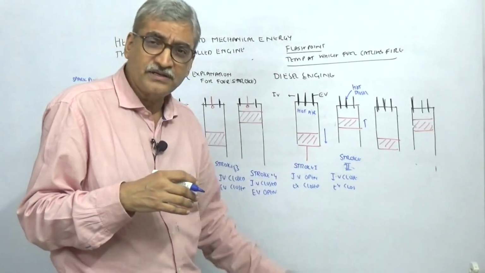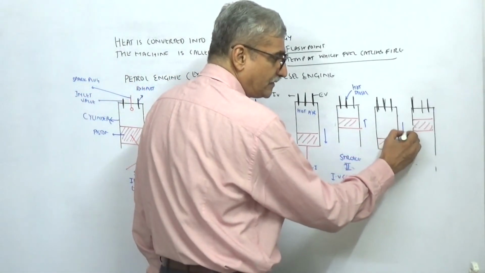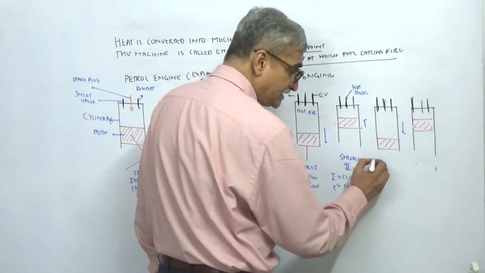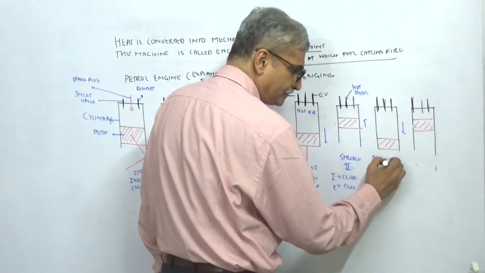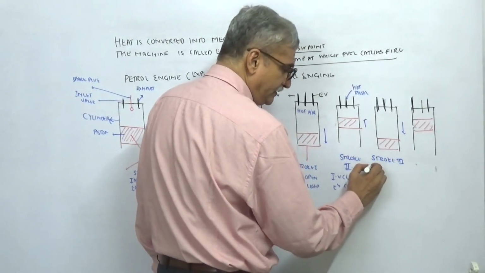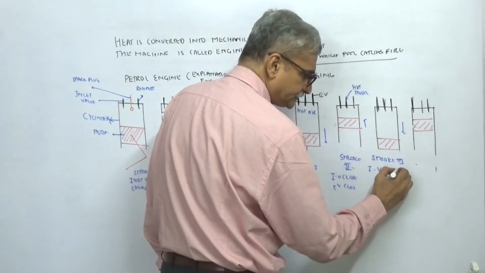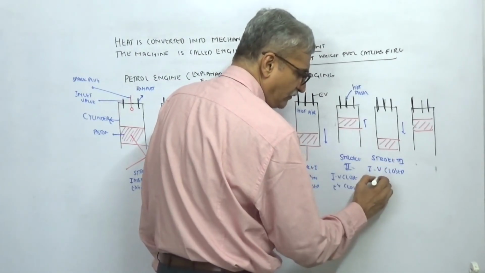And that is going to create a lot of pressure. So when it creates a lot of pressure, the piston moves down. Again, in this case, this is stroke 3. What is going to happen? Inlet valve closed, exhaust valve also closed.